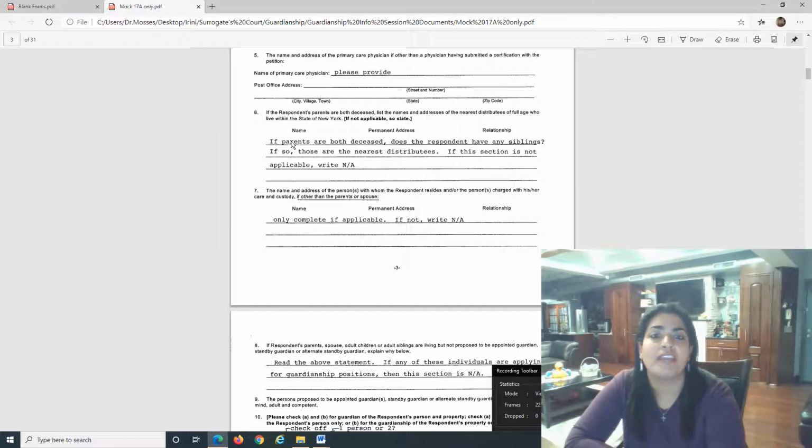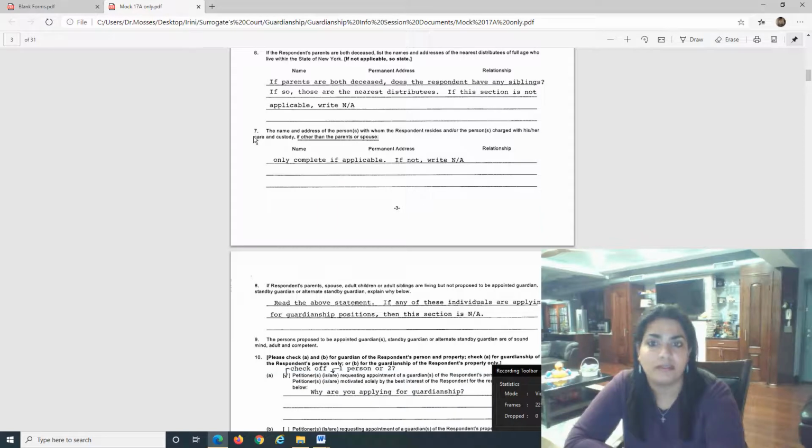So if one parent is alive, you don't need to fill this. You only fill this in if both parents are deceased. Number 7, again, the names and address of the person whom the respondent resides with, if other than the parents. If it's not applicable, you just write not applicable, and if it is applicable, just complete this section.